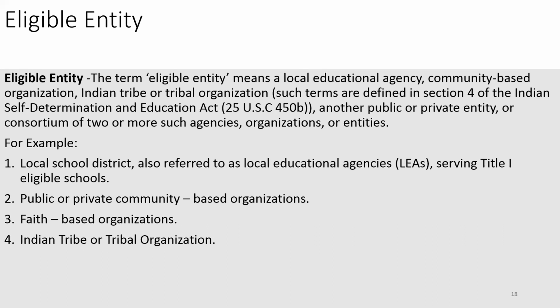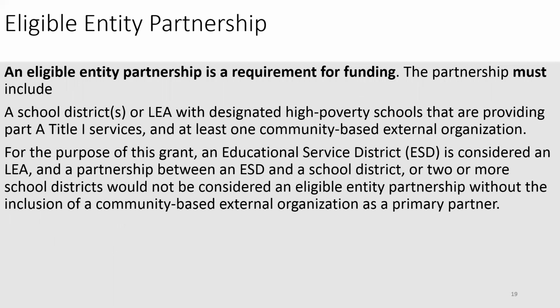Just to clarify, this slide is according to the federal statute, who is eligible to apply for a grant, meaning who is eligible to be the fiscal agent and receive the grant award. Now Heidi will go into more detail about what an eligible entity partnership is, which is a requirement for Washington State.